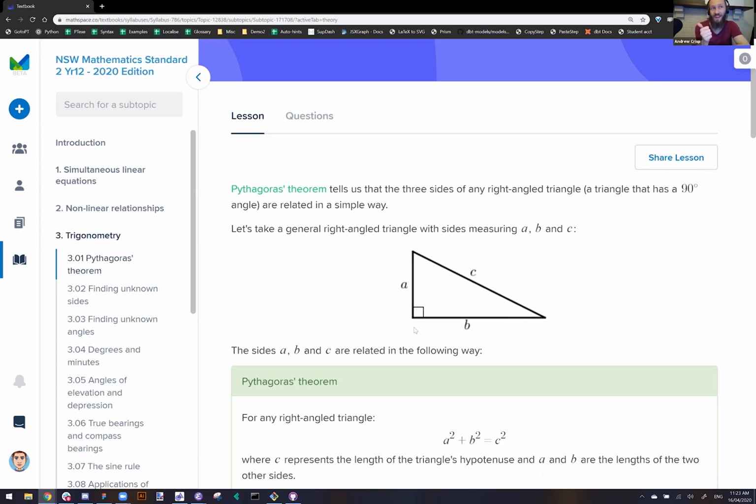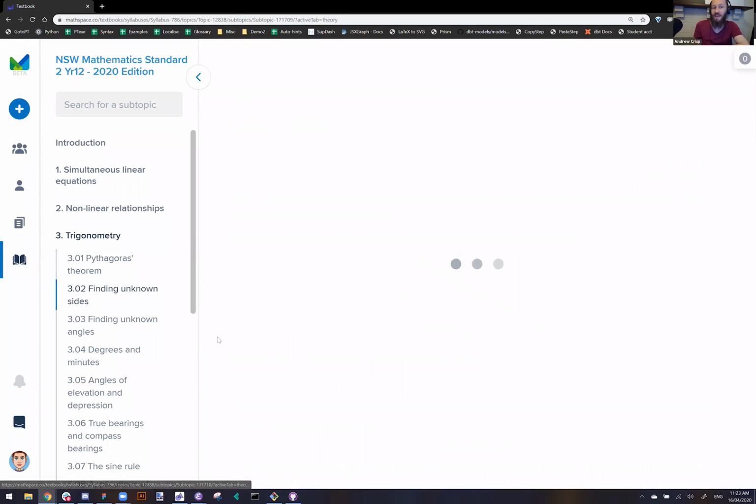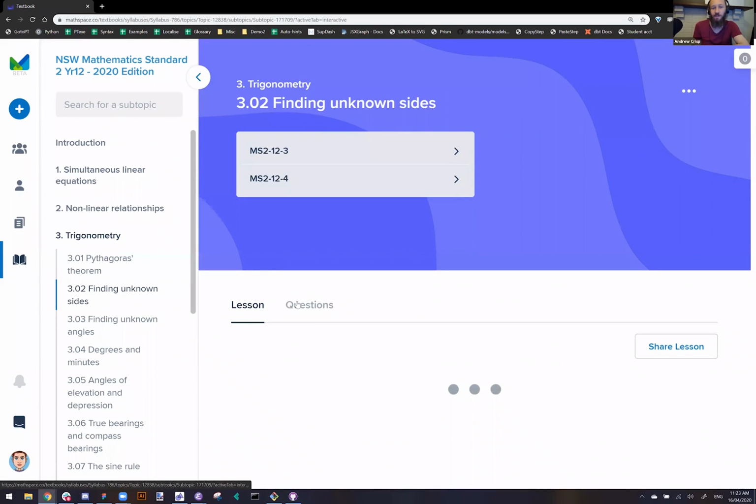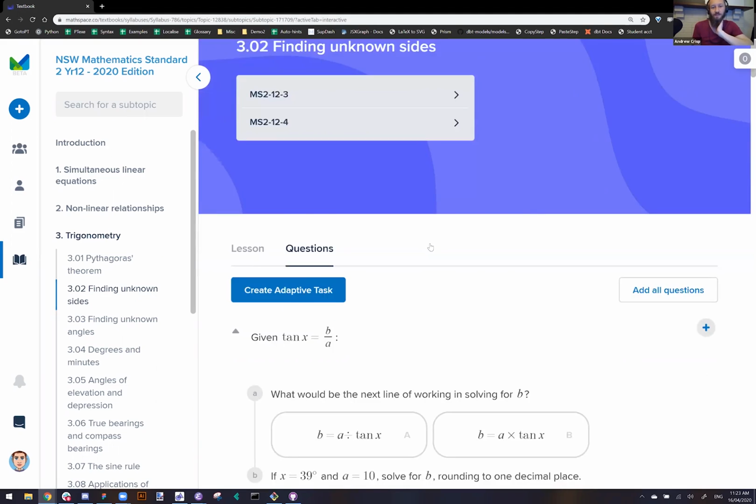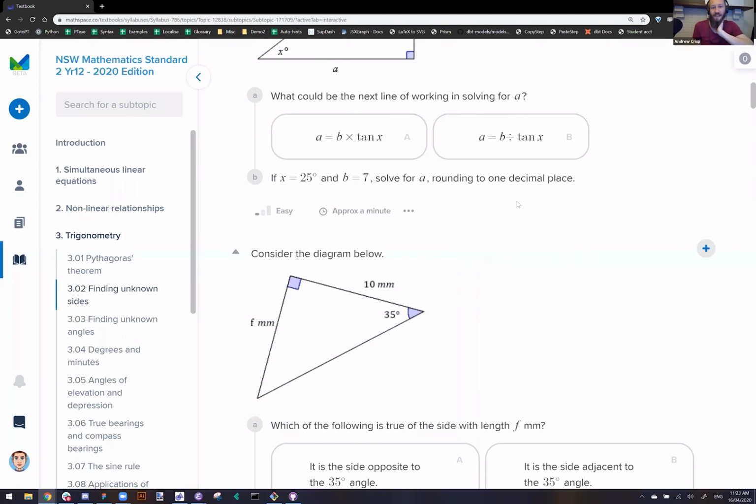If we know one side and one angle, we can find a missing side. So let's go into finding unknown sides and take a look at a question in there. We'll talk about tan later.